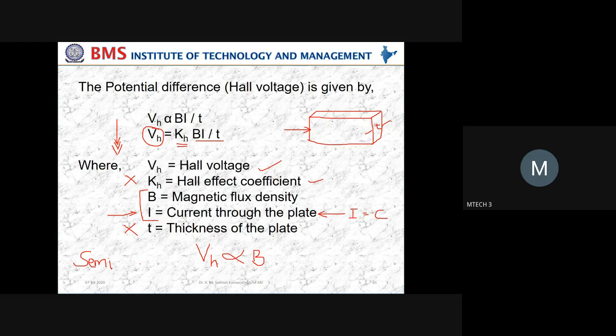What is the advantage of using semiconductors? By using a semiconductor, there is a possibility of doping, that means transferring electrons into the material.